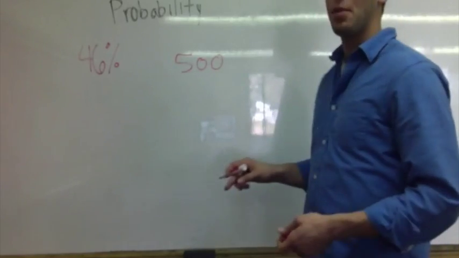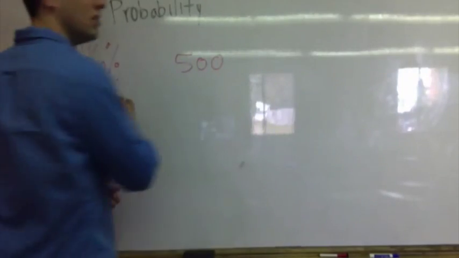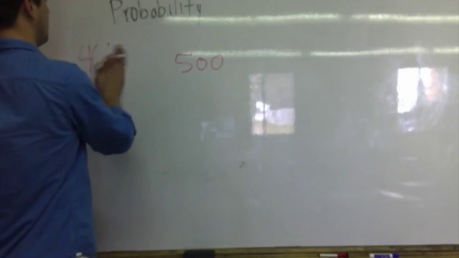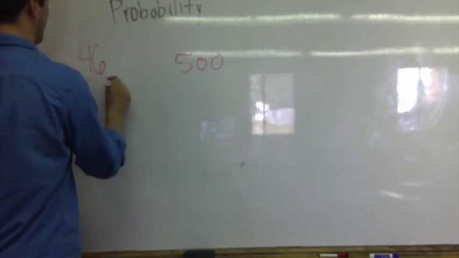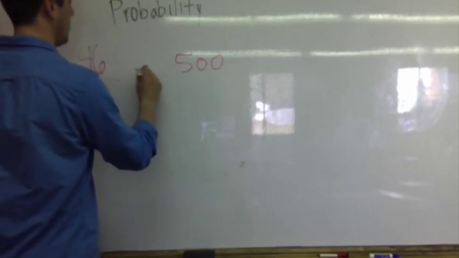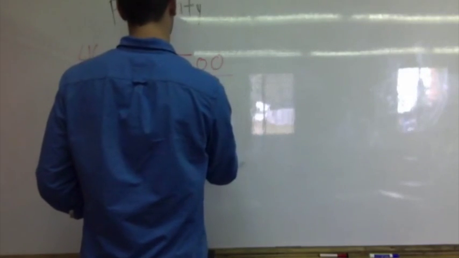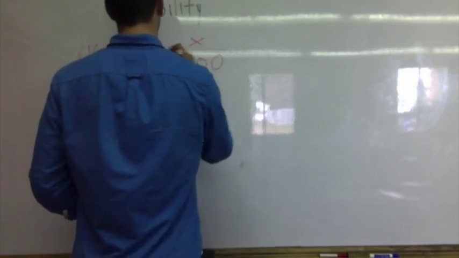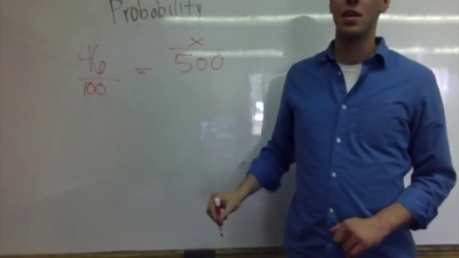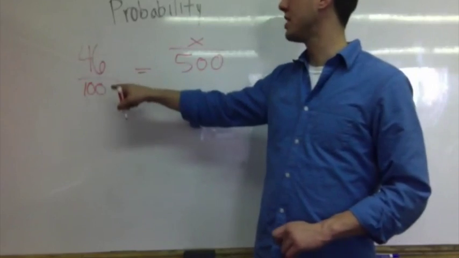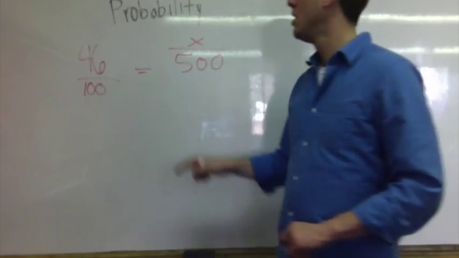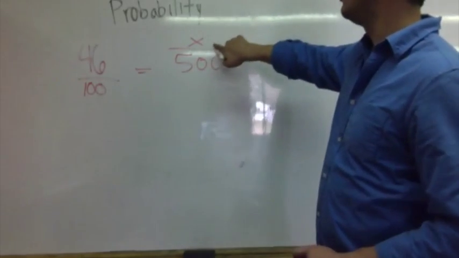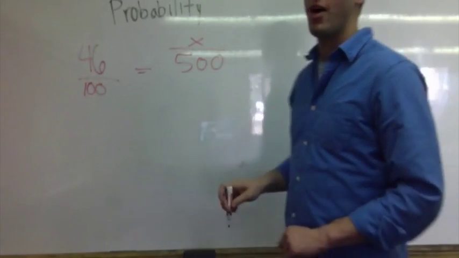For that, we need a proportion problem. 46% is 46 divided by 100. And we set that up equal to some number divided by 500.